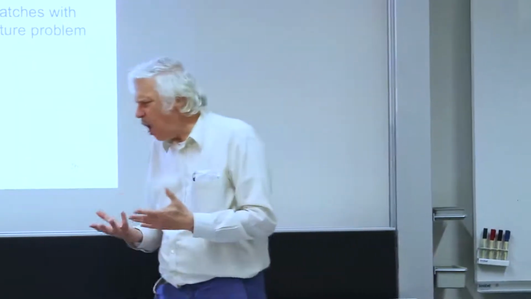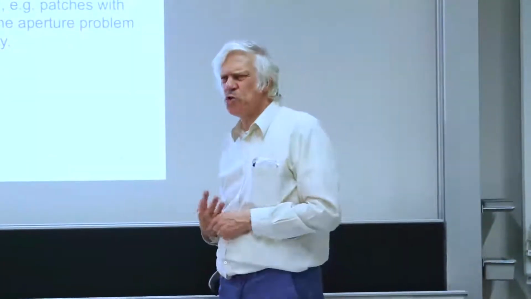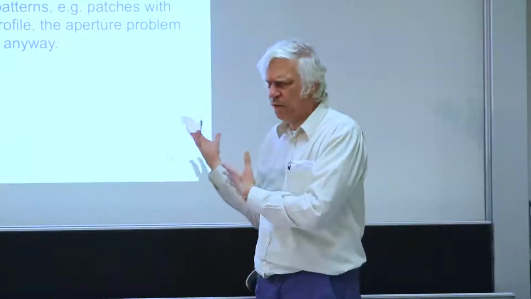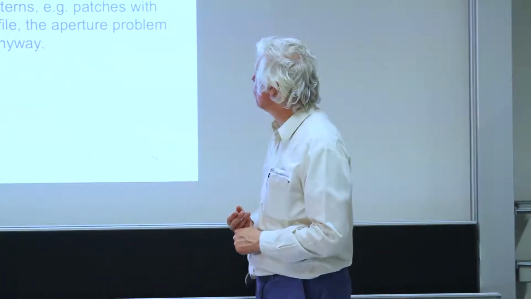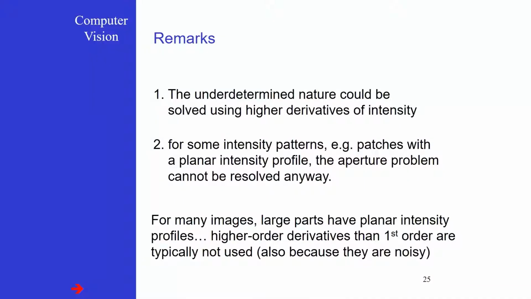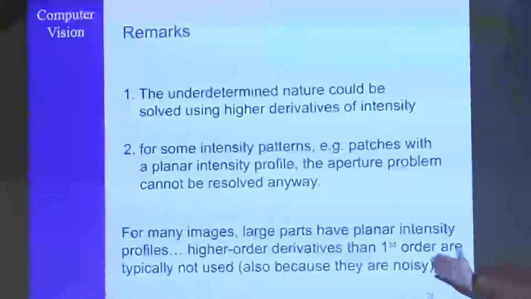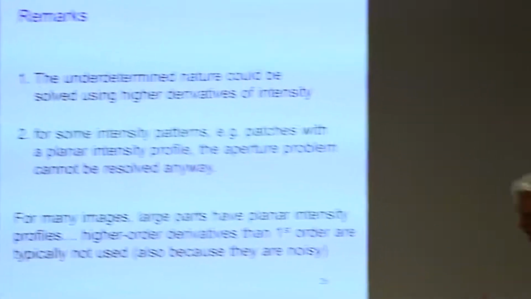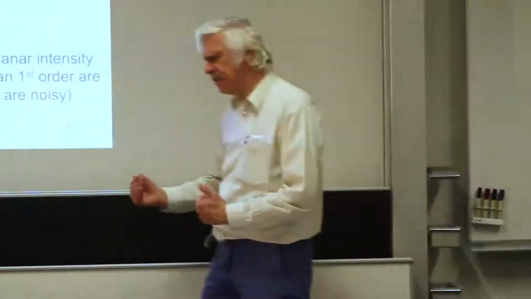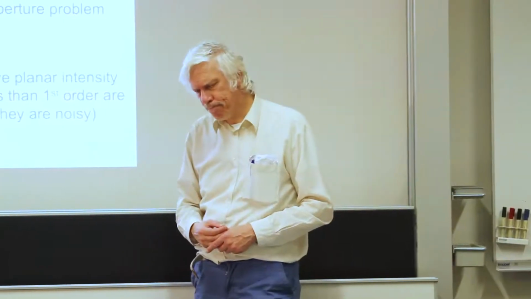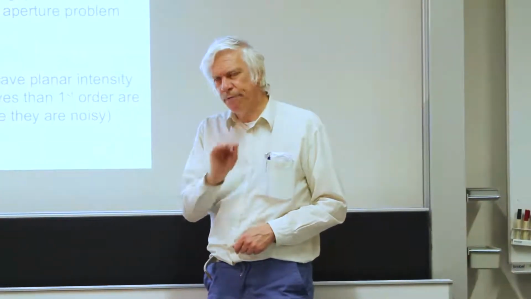So using higher order derivatives is not very useful, because basically it's a plane anyway, so these higher order derivatives would amount to 0. And even if you could measure them, there's a problem with high derivatives in images, namely that they are very, very noisy. So it's not even clear you want to go there, because if you try to get these high derivatives, you would have a big problem of noise sensitivity. We will look for a different solution though.